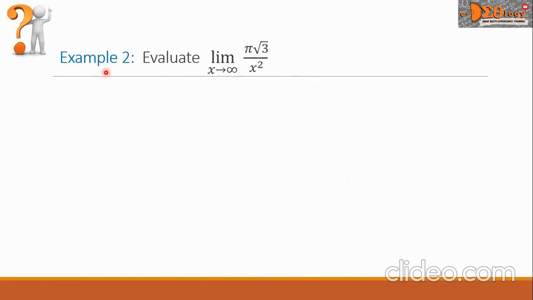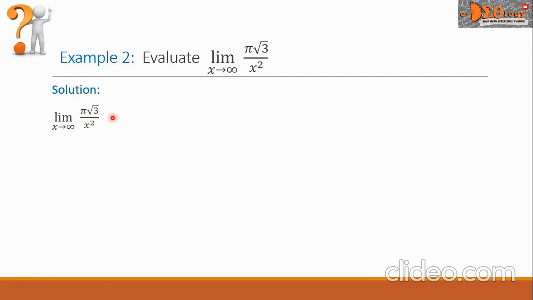Let us see this example 2. Evaluate the limit of the function pi square root of 3 all over x squared as x approaches infinity. For our solution, let us write again our problem, and let us take note that our numerator here is a constant.